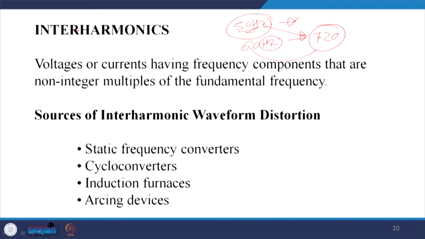So, what happens? Voltage or current having frequency components that are not integer multiples of the fundamental frequency are called interharmonics. 720 hertz is not an integer multiple of 50 hertz. You can just try it out: take a switching frequency of 720 hertz for a simple three phase PWM inverter, with a modulating frequency of 50 hertz, and see in MATLAB Simulink what spectrum you get.